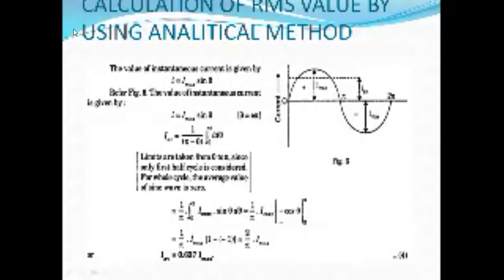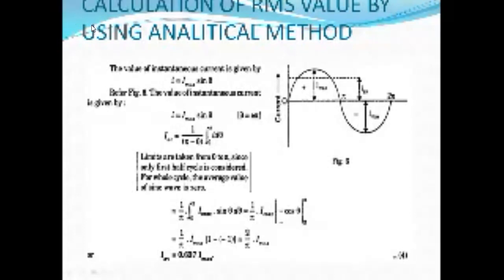We will consider this half cycle, and the area that comes under the half cycle is the area under the curve. The base in the time interval of the half cycle is 0 to pi, which means it is pi. So the average value is nothing but the area under this half cycle upon pi. So I average is equal to 1 upon pi times the integration, from 0 to pi, of i d theta. The limits are taken from 0 to pi because we are considering only the first half cycle.